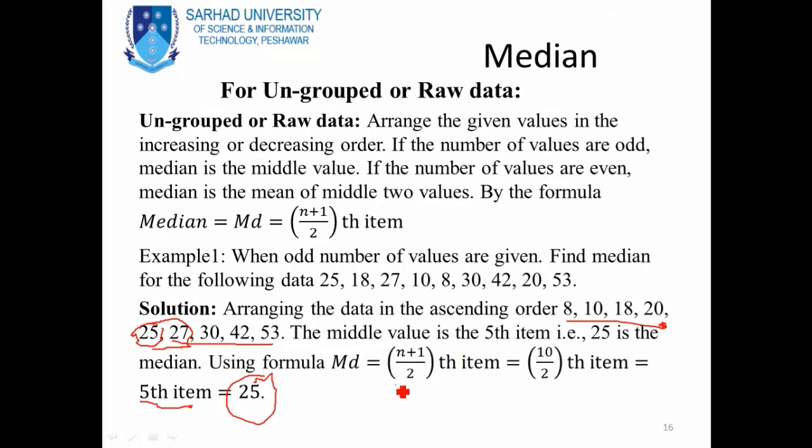So when the number of terms in the data is odd, indicate the position by this formula, n plus 1 divided by 2. And if there is an even number of terms in the data, then for the position use the formula n divided by 2.